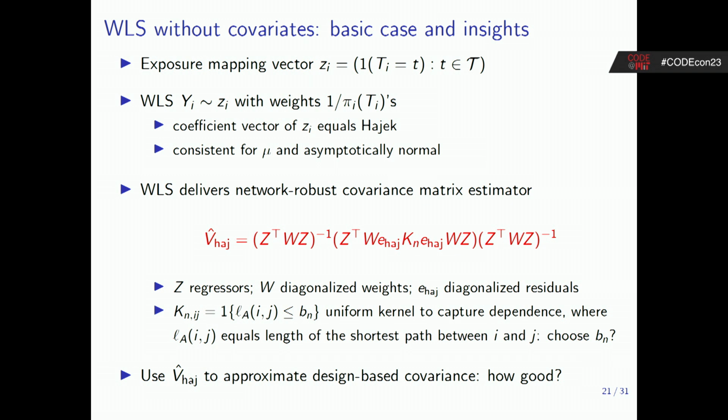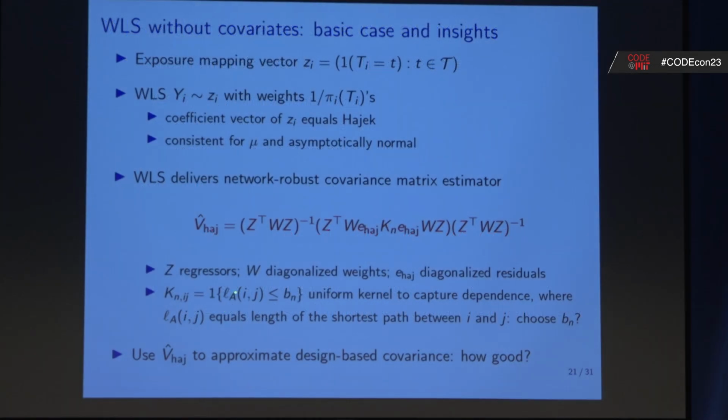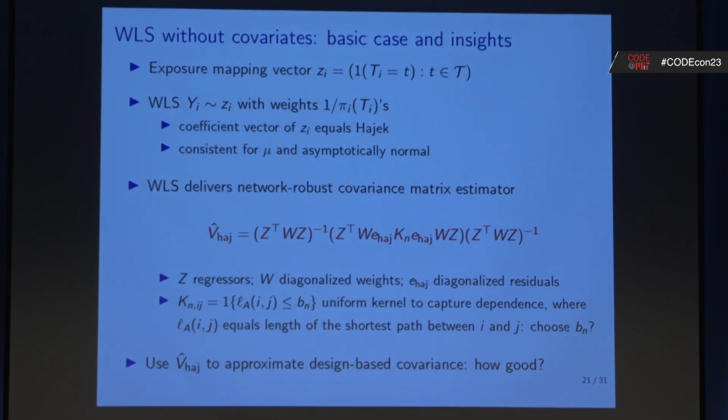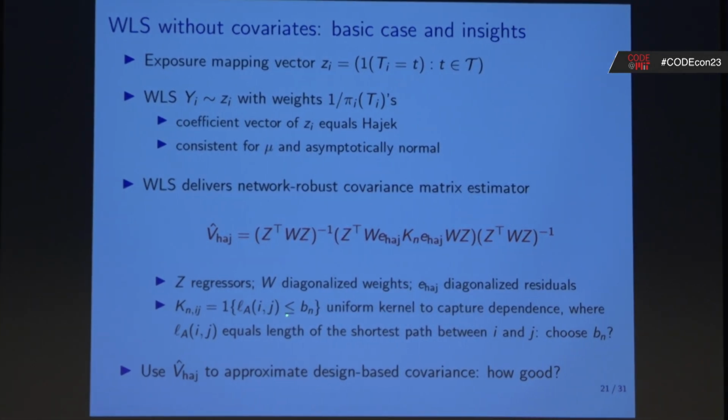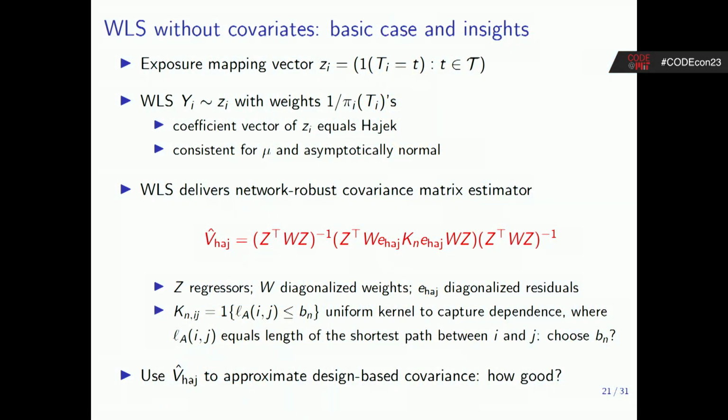So how do you measure whether they're close enough? This is the distance between i and j on this network A. I have to define the distance on this network, and you have to choose how close is close. There's a parameter Bn to choose. There are some formulas for choosing Bn, but in practice maybe you just start from Bn equals 0, 1, 2. You should do some sensitivity checks. Bn equals 0 recovers the classic robust standard error, saying only the residual i matters.